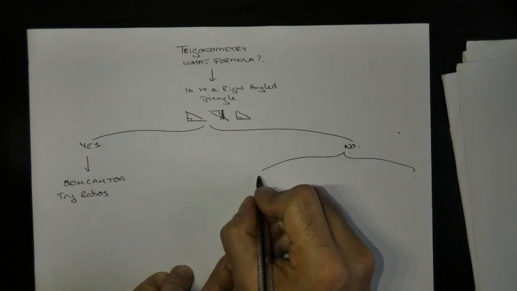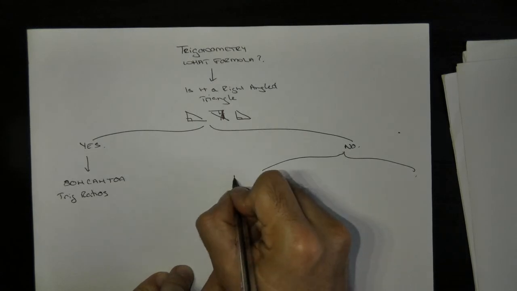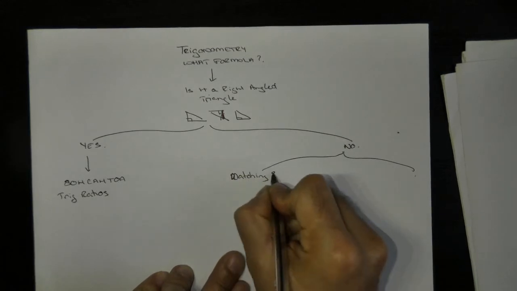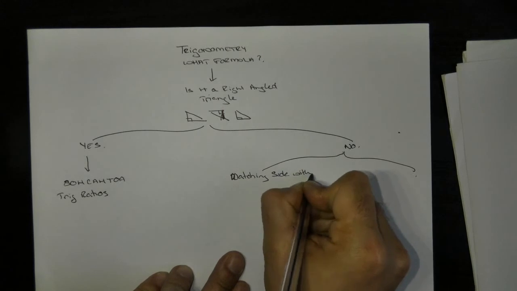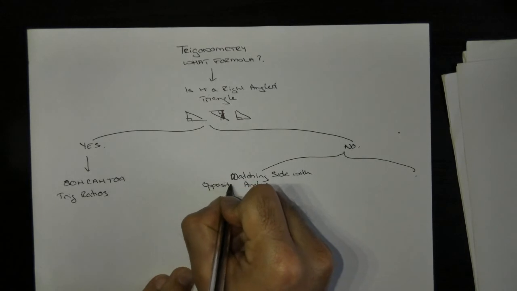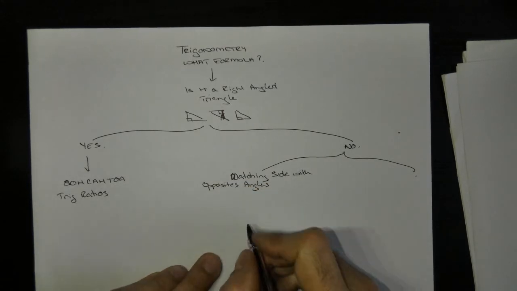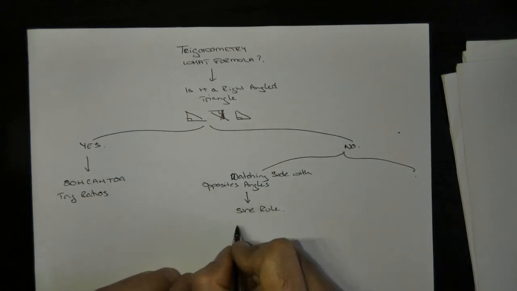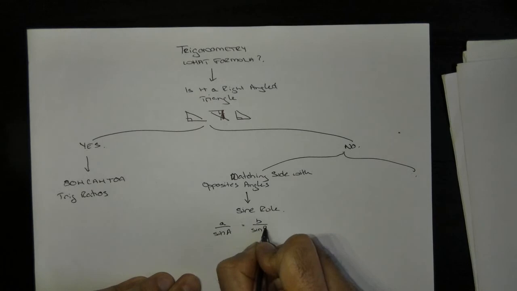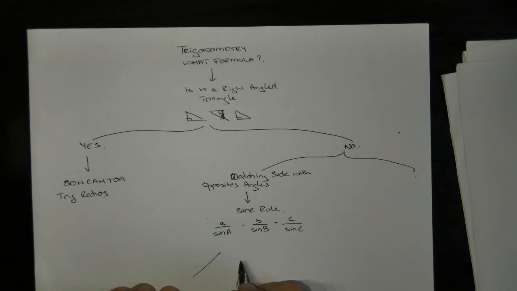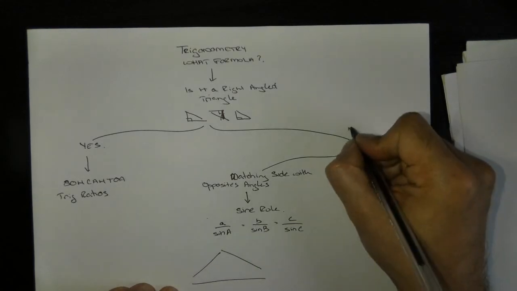If you have matching sides with opposite angles, then we're going to use the sine rule, which was a over sine A is b over sine B, which is c over sine C. So these are non-right angle triangles.